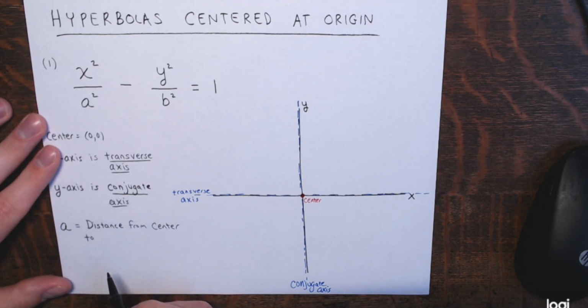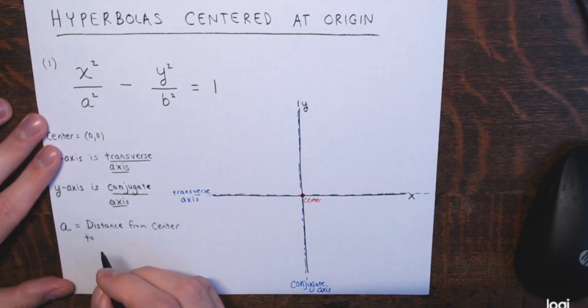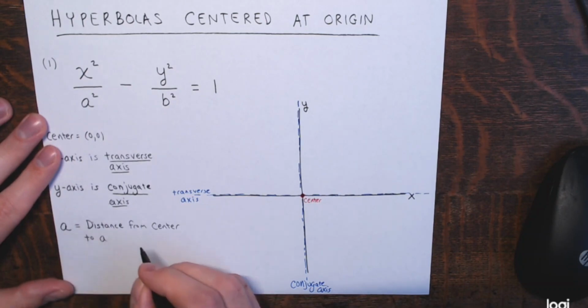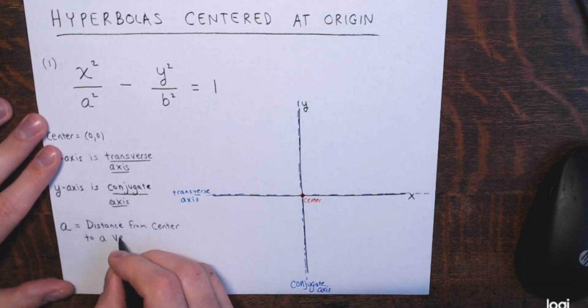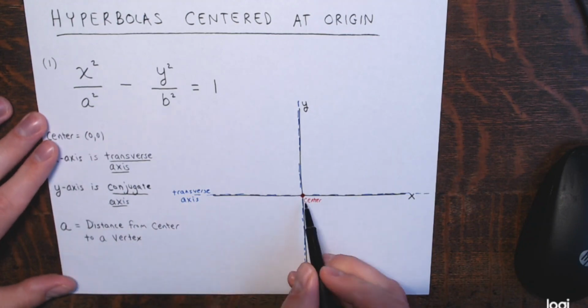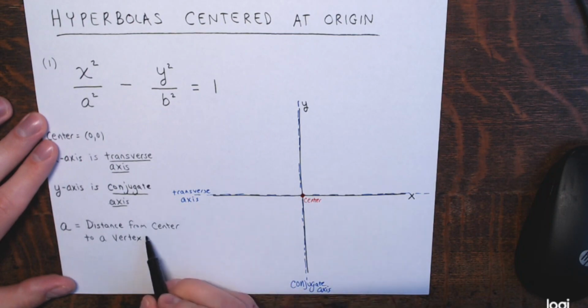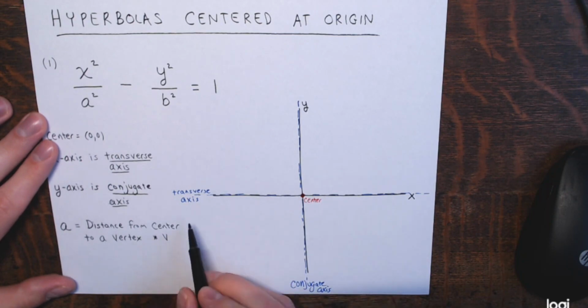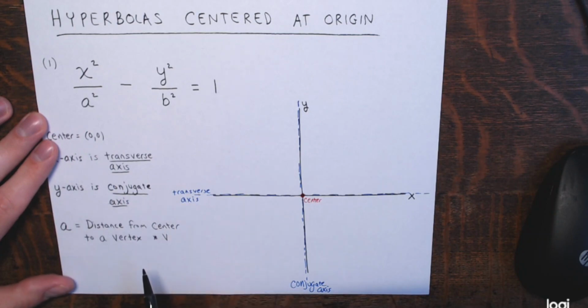And ellipses had vertices as well. So do hyperbolas. So the distance from the center to a vertex. Right? So from the center, and vertices, by the way, these vertices will always be on the transverse axis.